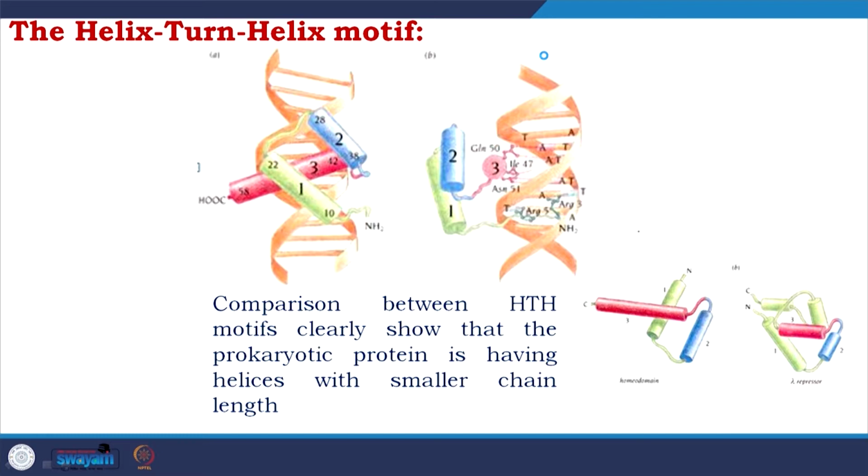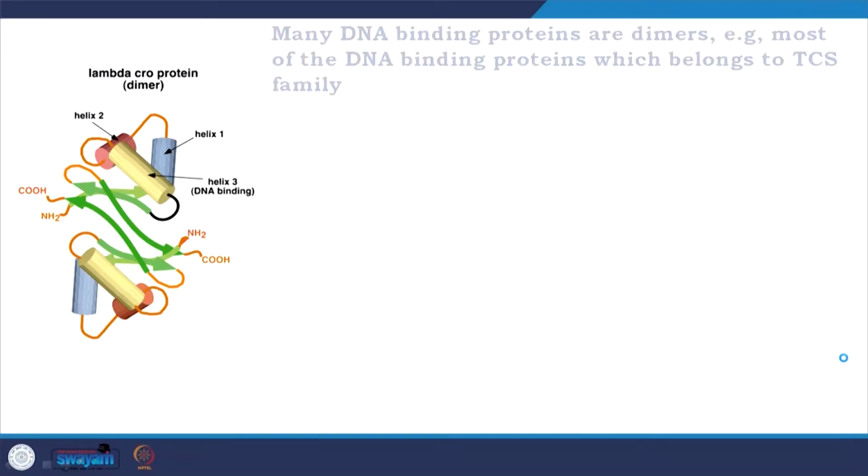Here, if you see, this chain length is much bigger than here. So, that says that in evolution from prokaryotic to eukaryotic there is a change. The change is that the size of the helices is significantly larger in higher eukaryotes.